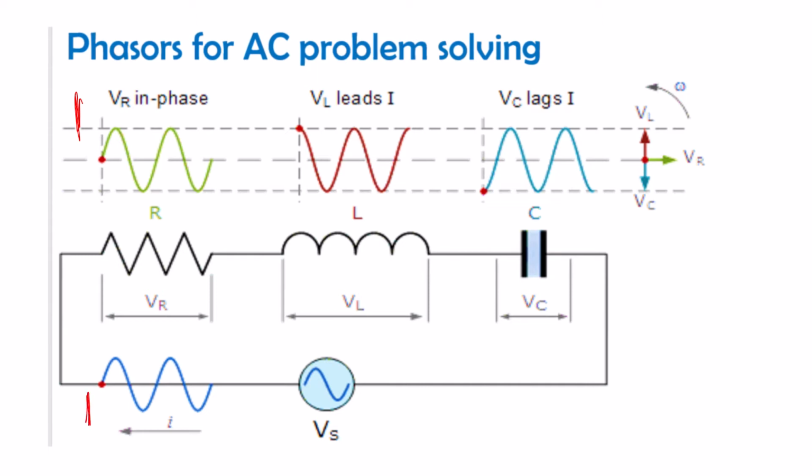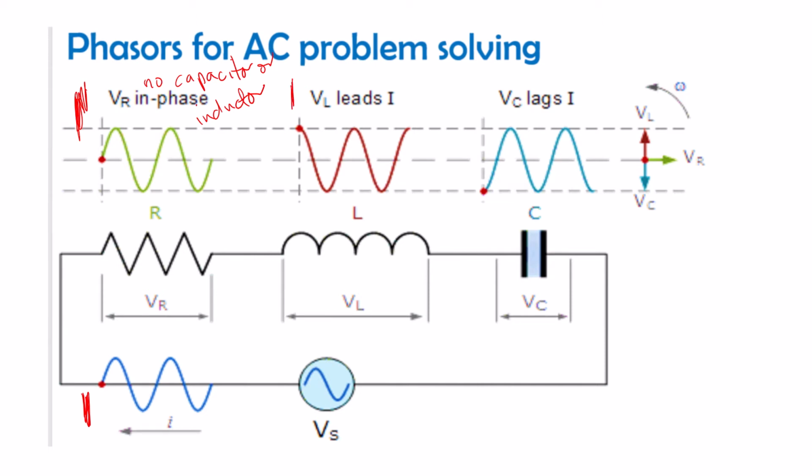The voltage across the resistor will be in phase with the current, because there's no capacitor or inductor effect. Remember, while we're charging a capacitor or an inductor, it inhibits the current, so there'll be a phase difference. So the voltage across the resistor is in phase with the current.